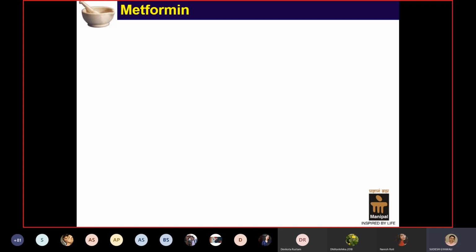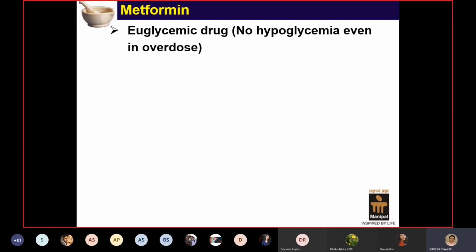Now let us talk about metformin. I think we will just start metformin today, and in the next class we will continue. I have been telling you that metformin is a very important drug for diabetes mellitus. Now metformin, what you have to understand is it is a euglycemic drug.